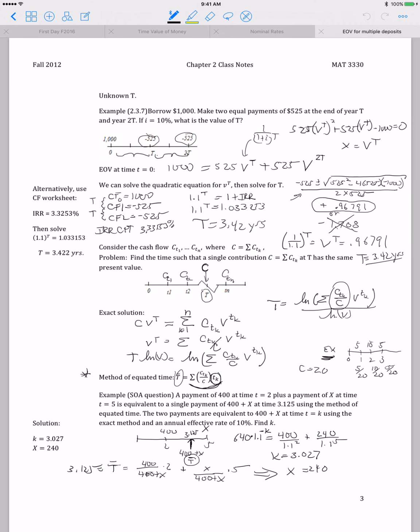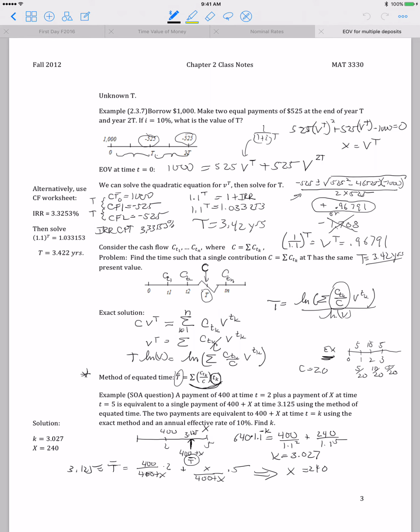And then we have the case of unknown time that's involved in an equation of value. And these unknown time problems normally result in an exponential equation where we have to use a logarithm to solve for time.